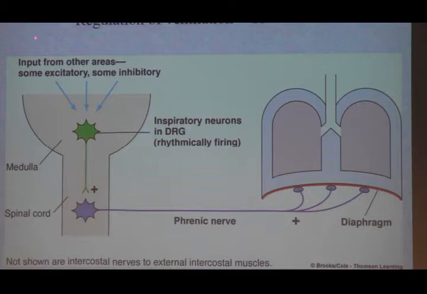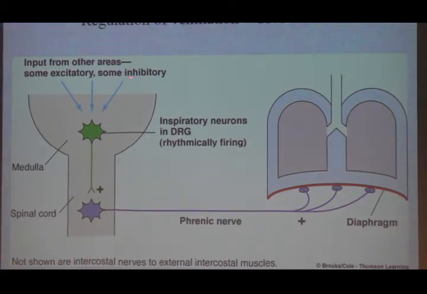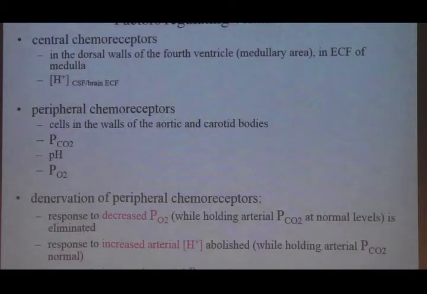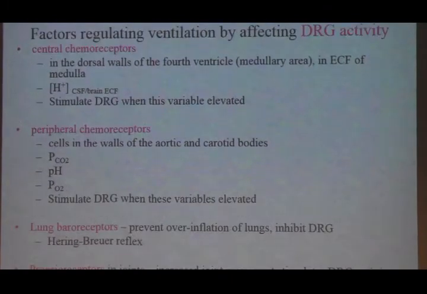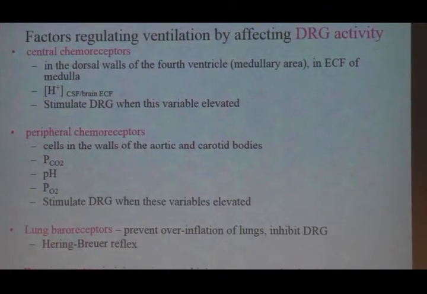Now, notice the top part of this diagram. There's many inputs onto the DRG, some that are excitatory, some that are inhibitory in nature. So there's inputs into the DRG that affect its activity, and therefore will affect breathing. These inputs are shown actually here.